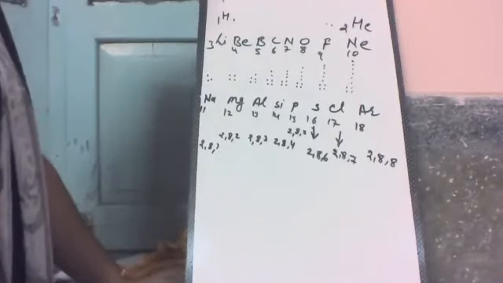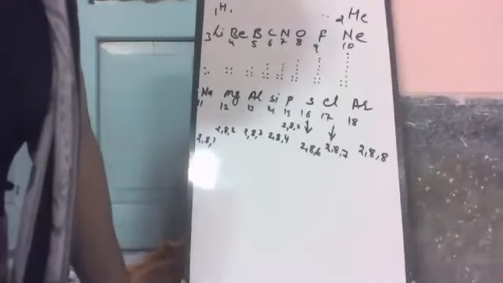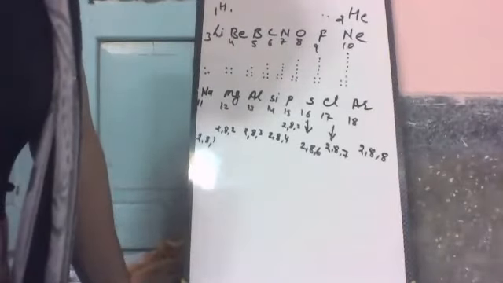And this will start from potassium, calcium, etc. Then here is the arrangement of the atomic structure in the atomic orbits.